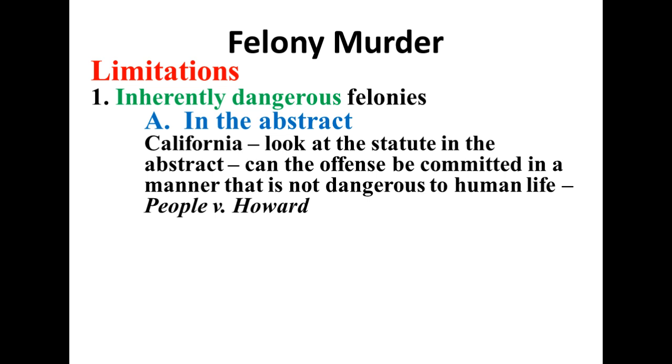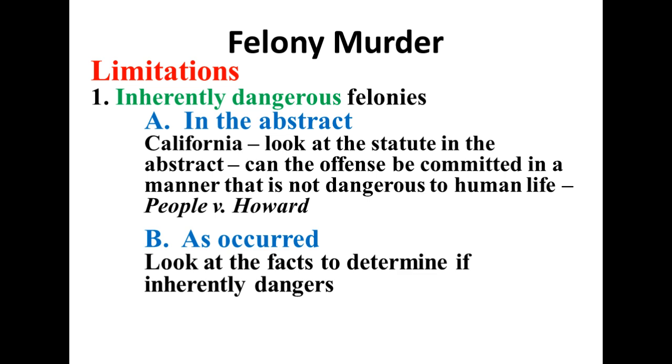If a court looking at the statute can conceptually come up with a way that the offense can be committed without causing danger to human life, that court will find that it is not an inherently dangerous felony and therefore not a predicate felony for felony murder. And you will see this in your casebook as you read People versus Howard.